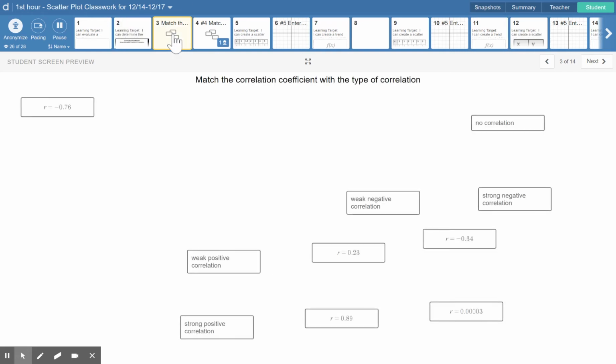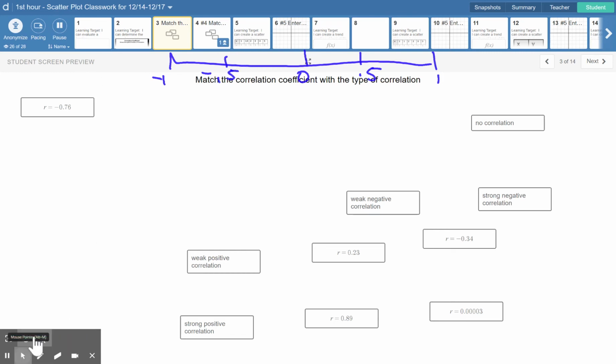Now for matching, if you use that number line, so we have 1, we have negative 1, 0. You want to kind of match these numbers up. So that would be close to negative 1.